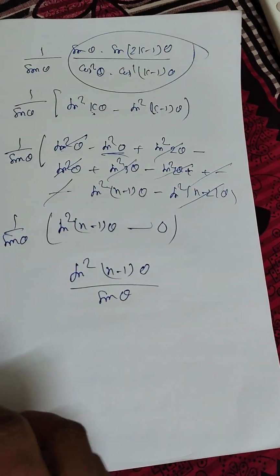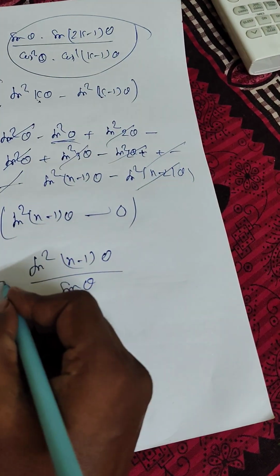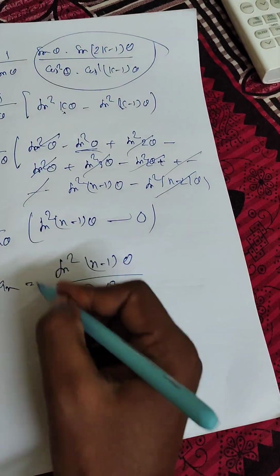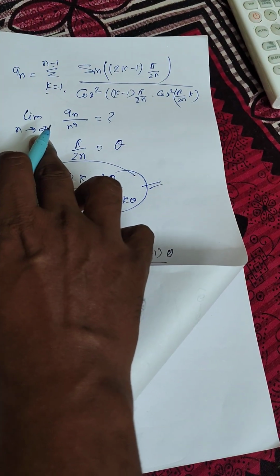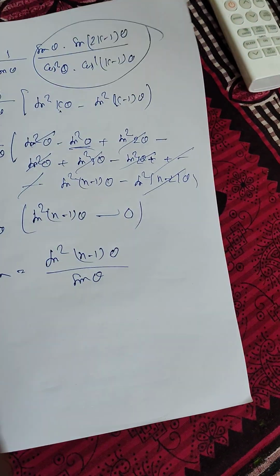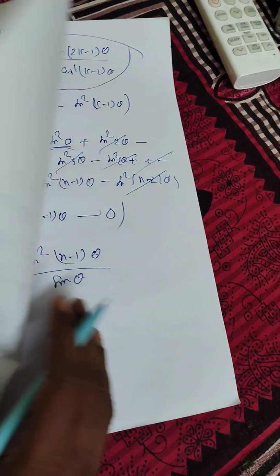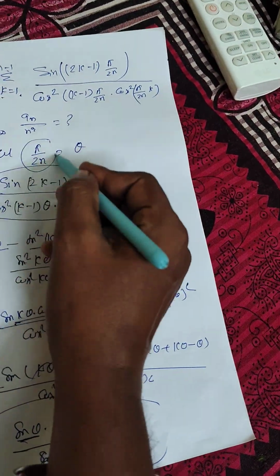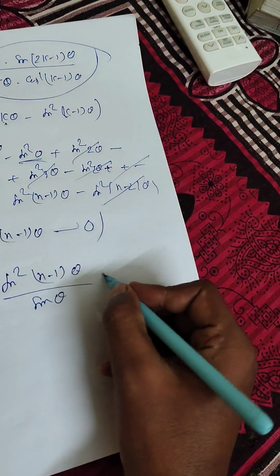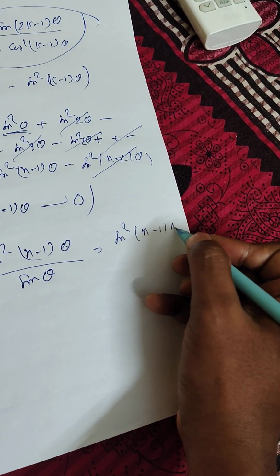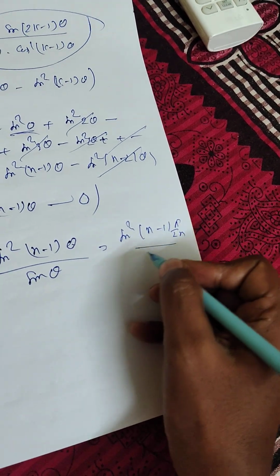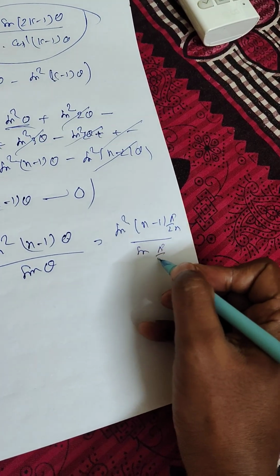This total value is a_n. Now simplify. Wait a minute: theta is equal to pi by 2n. Put this value, so it is tan square (n minus 1) pi by 2n by sin pi by 2n.